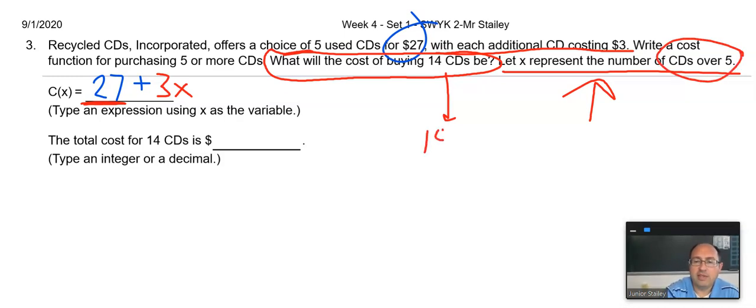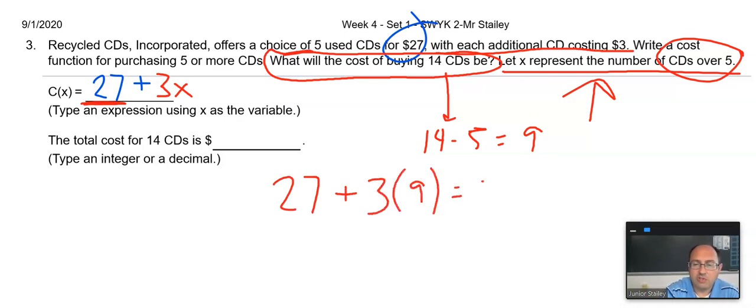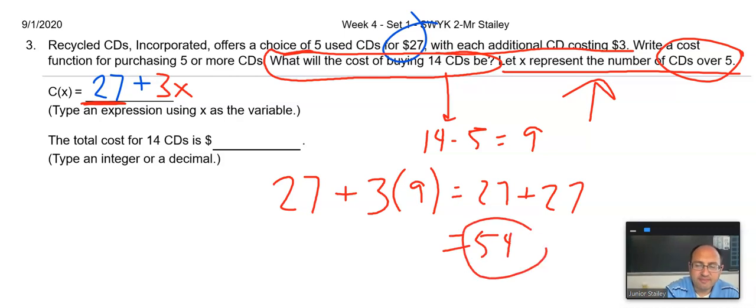So 14 take away 5 means that we have 9 CDs that are over 5. So if we're going to use our function, 27 plus 3 times 9, which is 27 plus 27, or 54. And that's your answer to this question.